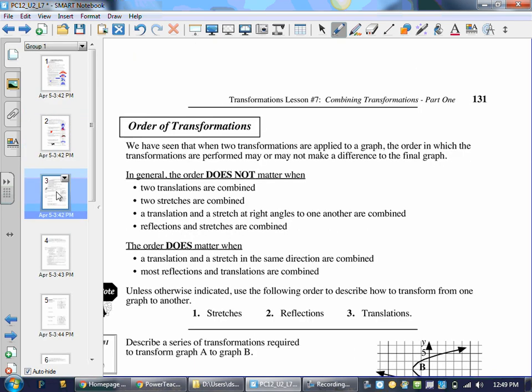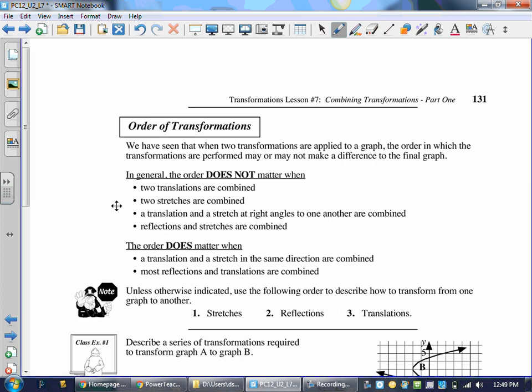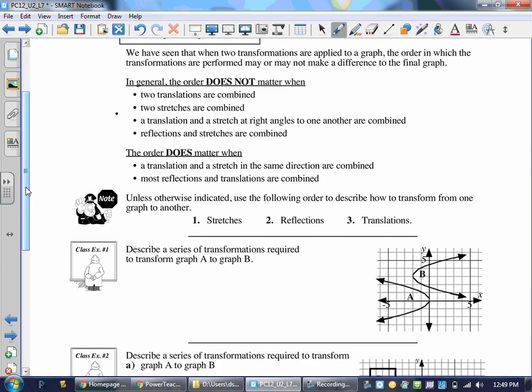vertical and vertical or horizontal and horizontal, order matters. So here's some general rules. In general, the order does not matter when 2 translations are combined. If we're just moving it left and right and we're not stretching, if 2 translations are combined, order does not matter. If 2 stretches are combined, if you're stretching it horizontally and vertically, it doesn't matter.